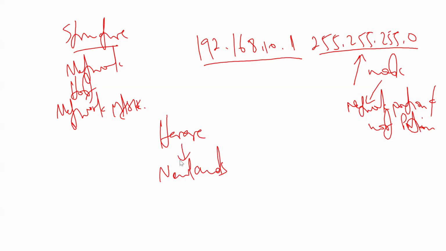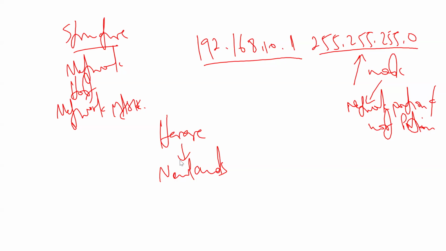You realize Newlands is in Harare, basically. So the network portion identifies the larger area, so that you get into the network, you get into Harare. The host portion then takes you to a specific place, in this case Newlands.